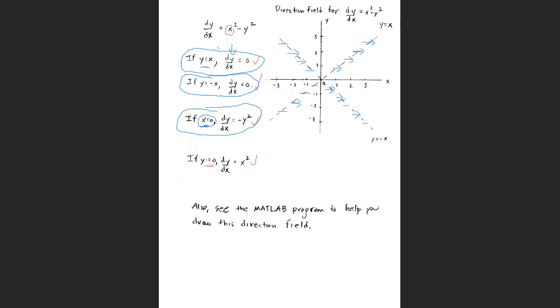So the slope is not constant there. Let me ask you, at this point here, at (0, 1), that's on the y-axis. What's the slope going to be at (0, 1), given that dy/dx is negative y squared?